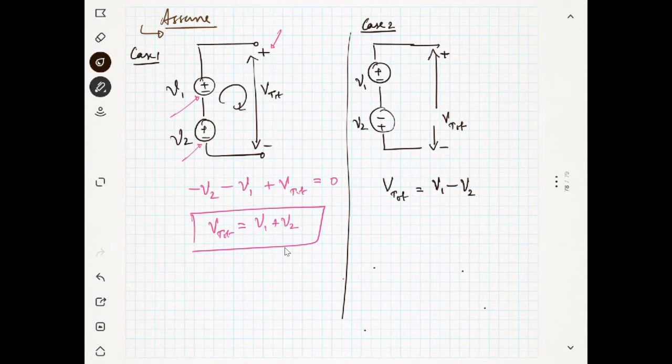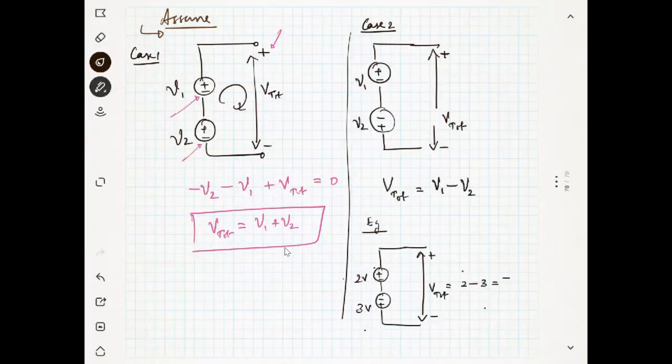Now we will see the case here. Example, let's say I connect here 2 volt and another battery which is 3 volt. I assume this is positive and negative, this is V total. V total is V1 minus V2, 2 minus 3.